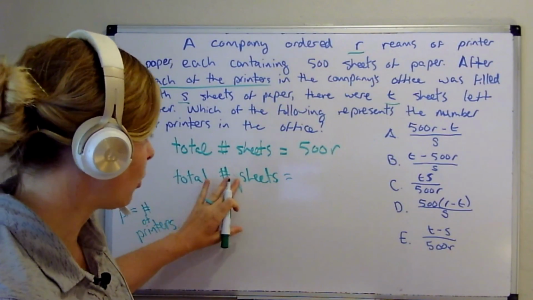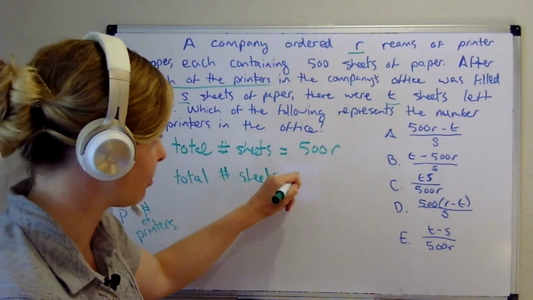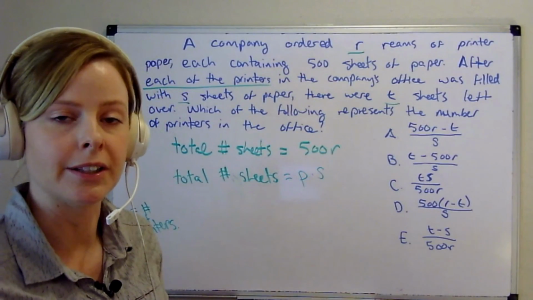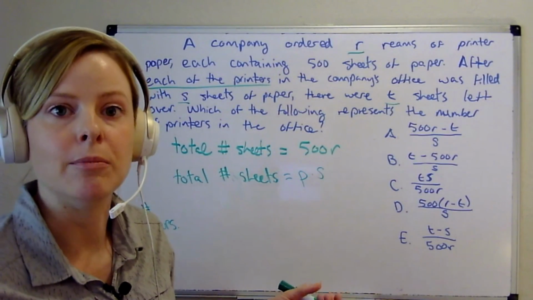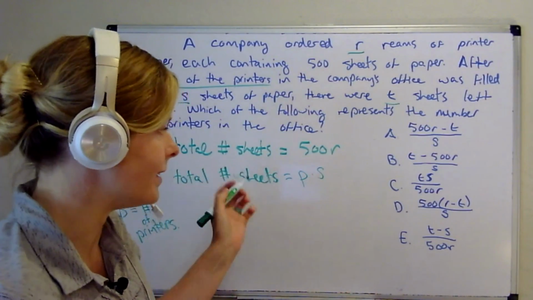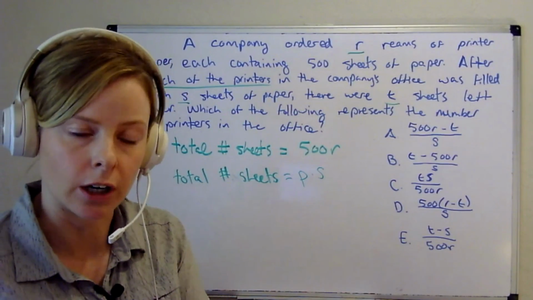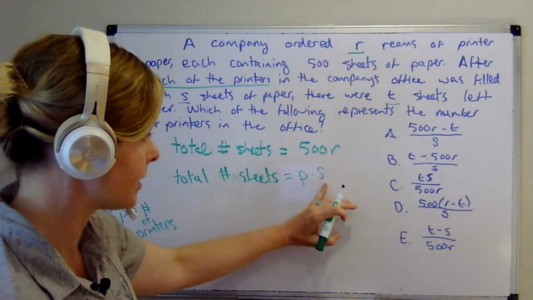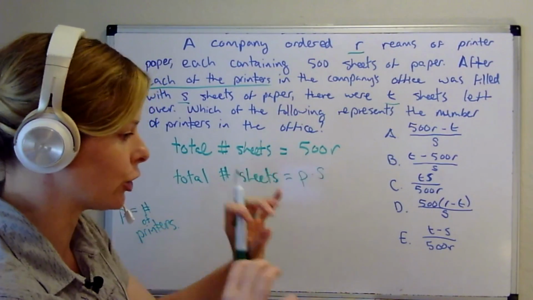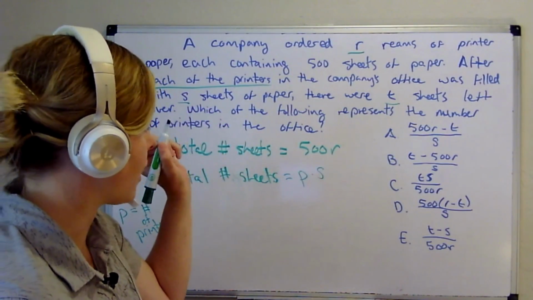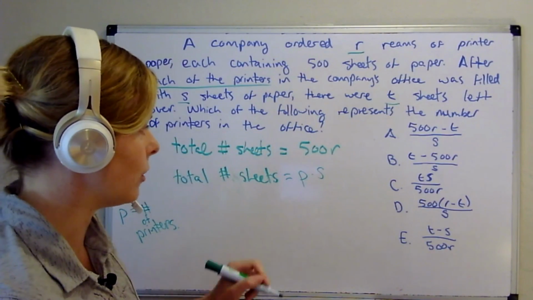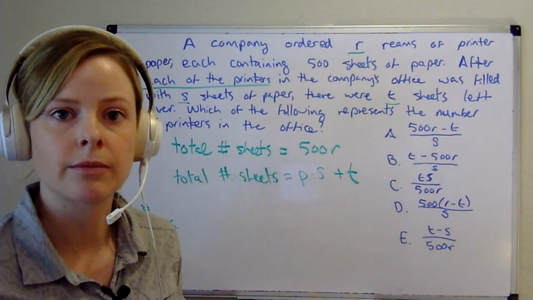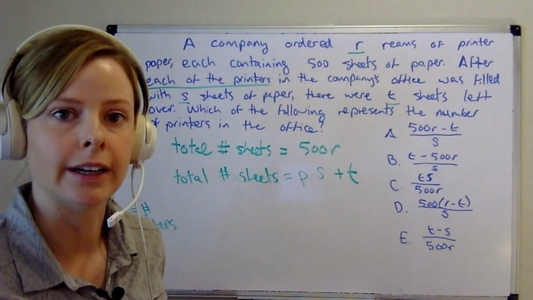So my total number of sheets is going to be however many printers I have times S sheets per printer. Let's say we had 10 printers. Well, it would be 10 times the amount of sheets going into each printer. But we don't have 10, we have P. So it's just P times S, and this is my amount of paper that's actually in a printer. But then there are T sheets left over, so in addition to this stock, I also have T sheets left over. So just plus T can account for that.